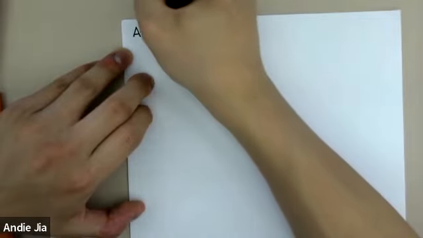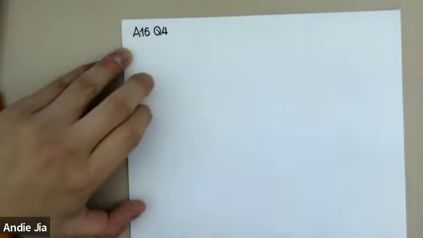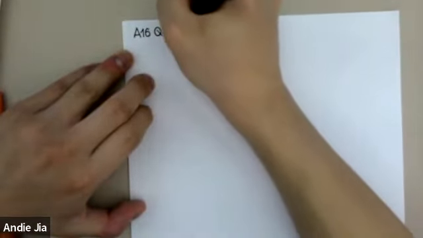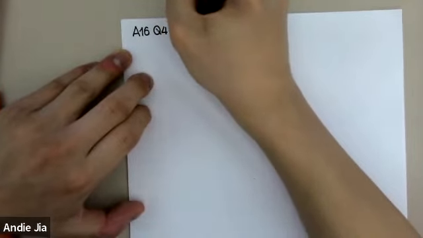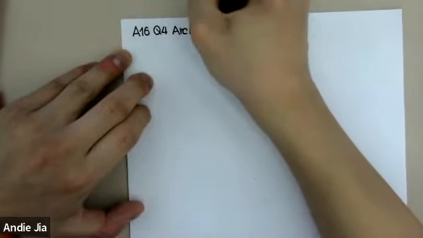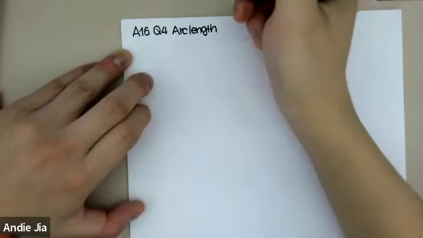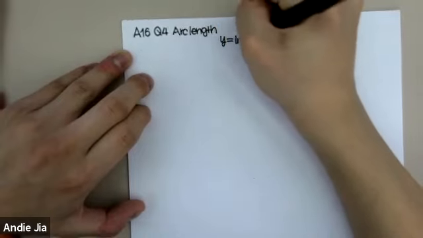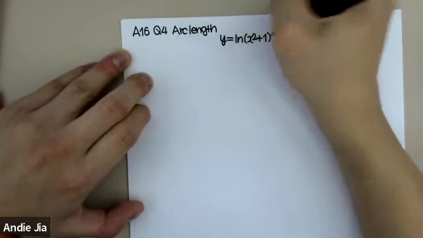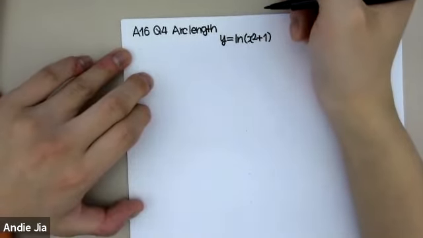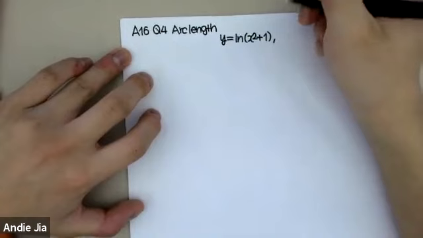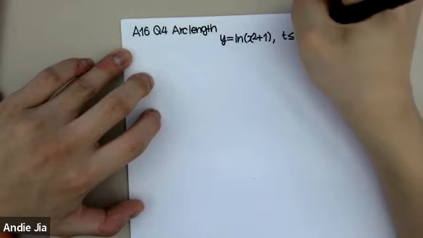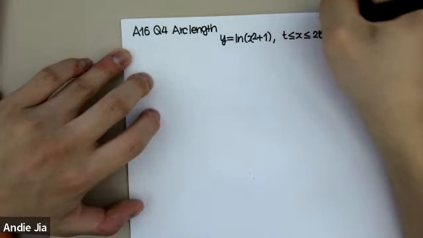Question 4. So we had this function: y equals the natural log of x squared plus 1, with a boundary t smaller than x, smaller than 2t.